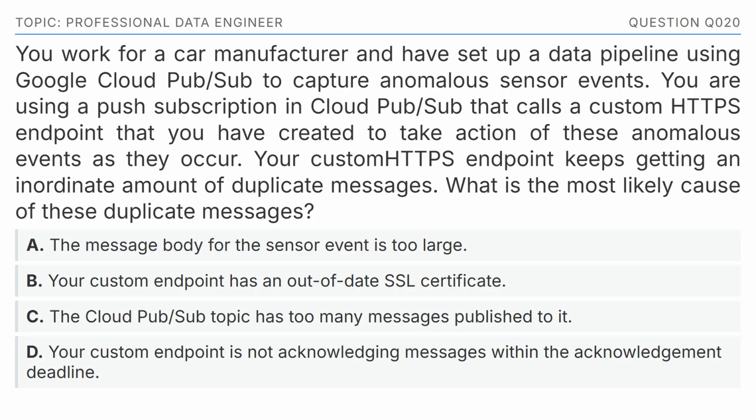What is the most likely cause of these duplicate messages? The options are: Option A, the message body for the sensor event is too large. Option B, your custom endpoint has an out-of-date SSL certificate. Option C, the Cloud Pub/Sub topic has too many messages published to it. Option D, your custom endpoint is not acknowledging messages within the acknowledgement deadline.